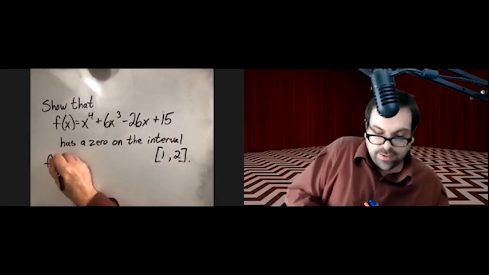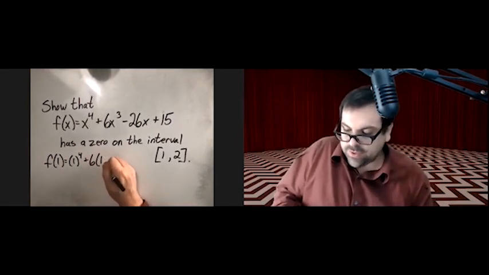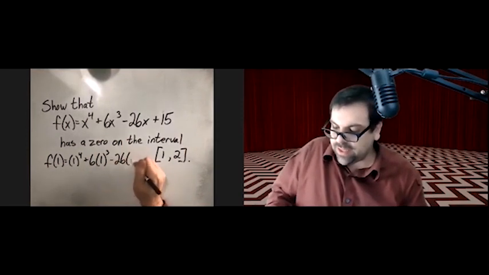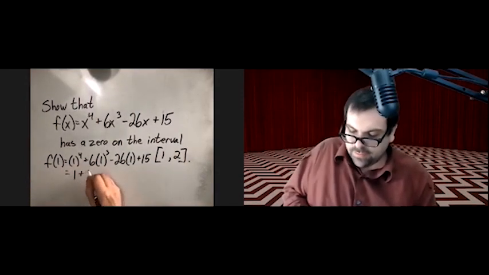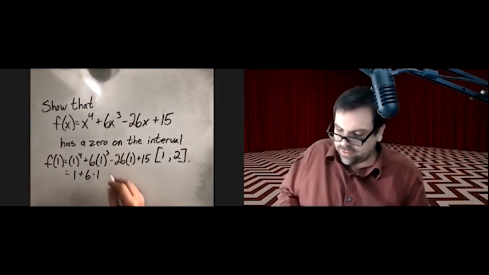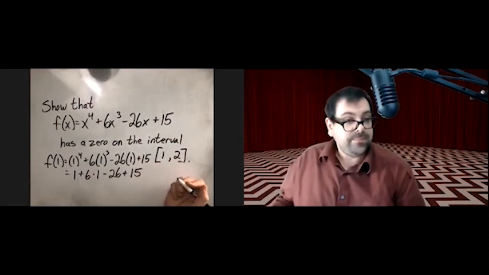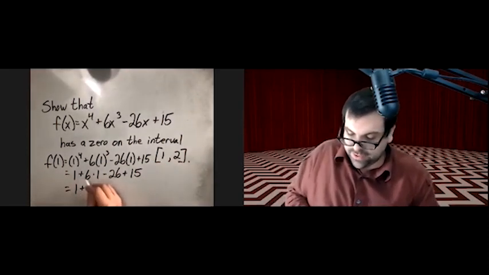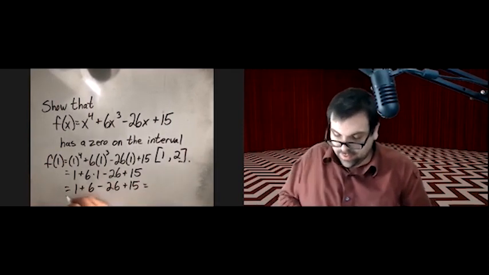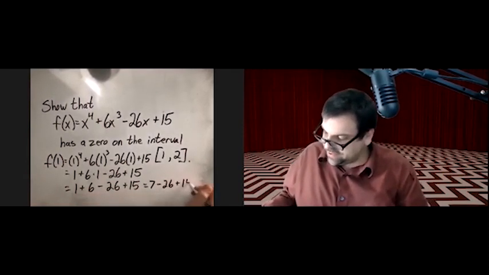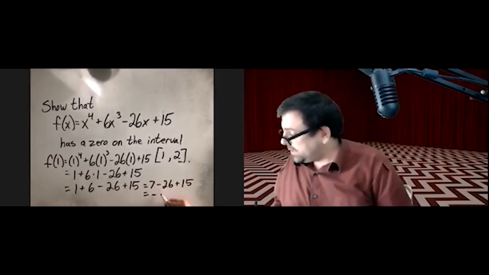Let's find f of 1. That is 1 to the fourth plus 6 times 1 cubed minus 26 times 1 plus 15. 1 to the fourth is 1, plus 6 times 1 cubed. 1 cubed is 1, minus 26 times 1 is 26, plus 15. 1 plus 6 times 1 is 6, minus 26 plus 15. 1 plus 6 is 7, minus 26 is negative 19.